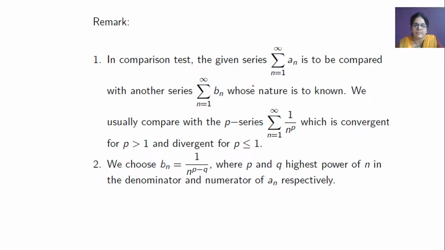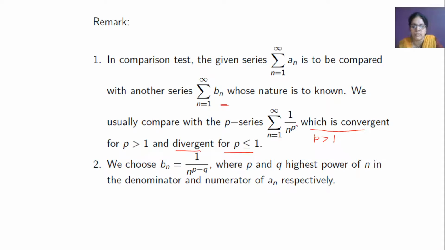So here, in the comparison test, we compare a given series sigma an with another series sigma bn, so we should know the nature of the comparing series sigma bn. We usually use the p-series, sigma 1 by n power p, which is known to be convergent if p is greater than 1 and divergent if p is less than or equal to 1.